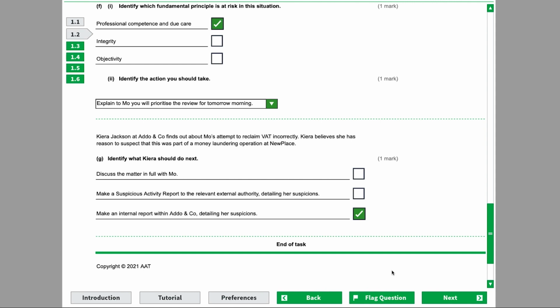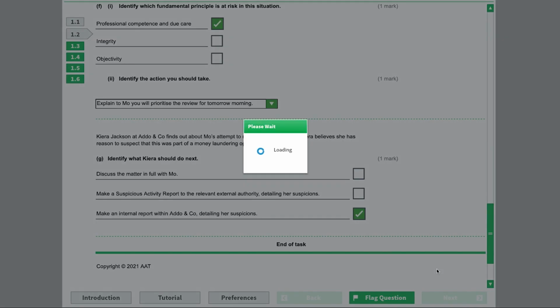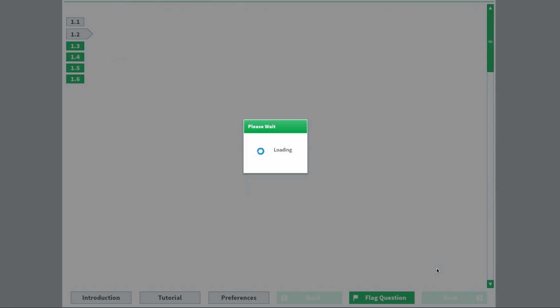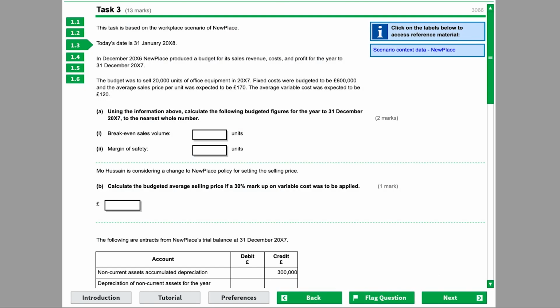And that finishes task 2. So let's now jump into task number 3. Task 3 then, which is worth 13 marks and assesses the knowledge and understanding of the relationship between financial accounting and management accounting systems of an organisation and how they can be used within decision making.